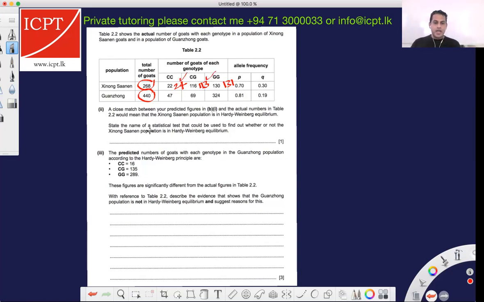State the name of a statistical test that could be used to find out whether or not the Xenon population is in Hardy-Weinberg equilibrium.